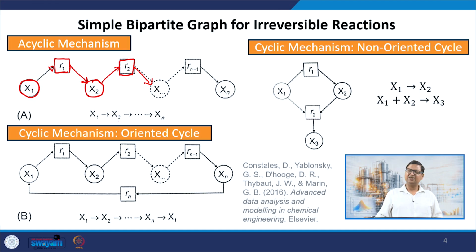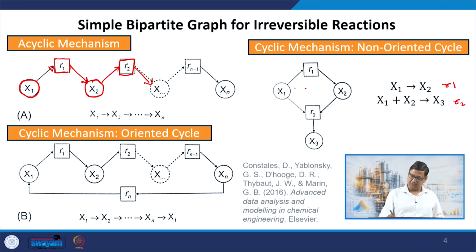We can also have a non-oriented cycle where we are not forming a loop. It looks like a loop, but it is not. Like the example shown here. From x1, we have the first reaction R1 giving rise to x2. But then x1 and x2 together take part in a second reaction R2 to form x3, right? But then this loop is not complete.